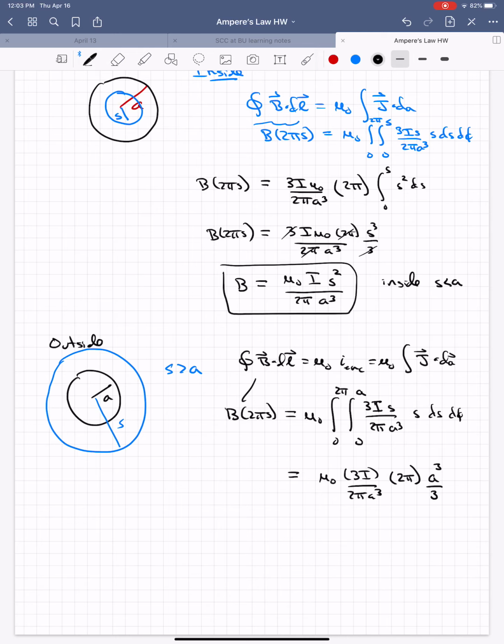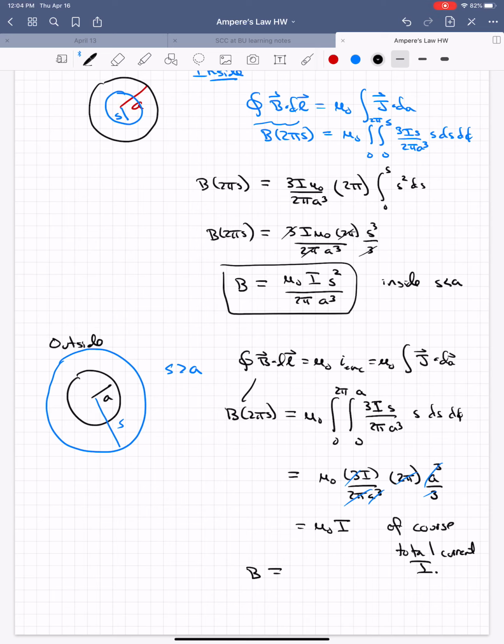And so now I see here that all sorts of things are going to cancel out, and this is going to look really stupid when I'm done with it, because what I'm going to get is mu naught I, of course, because the total current I knew was I. So if I hadn't done J correctly, I wouldn't have gotten that.